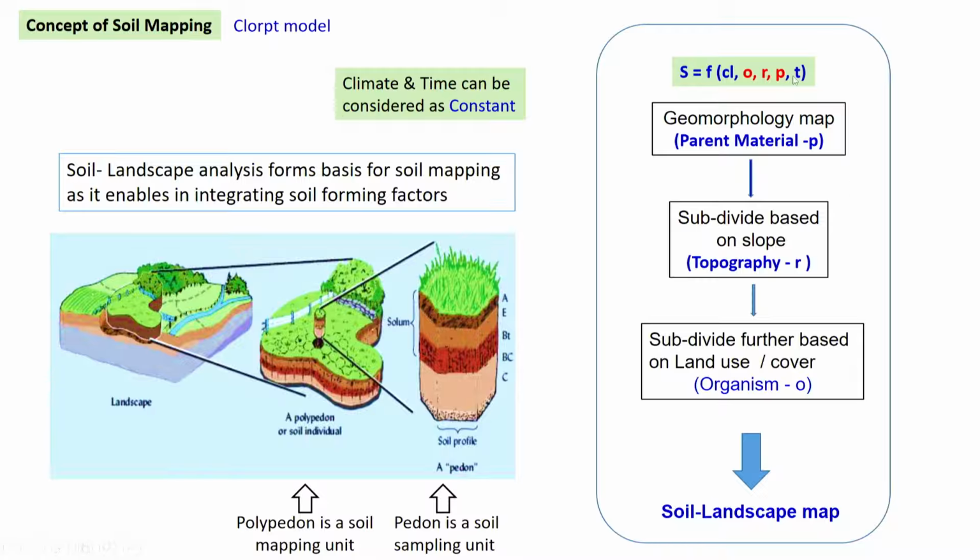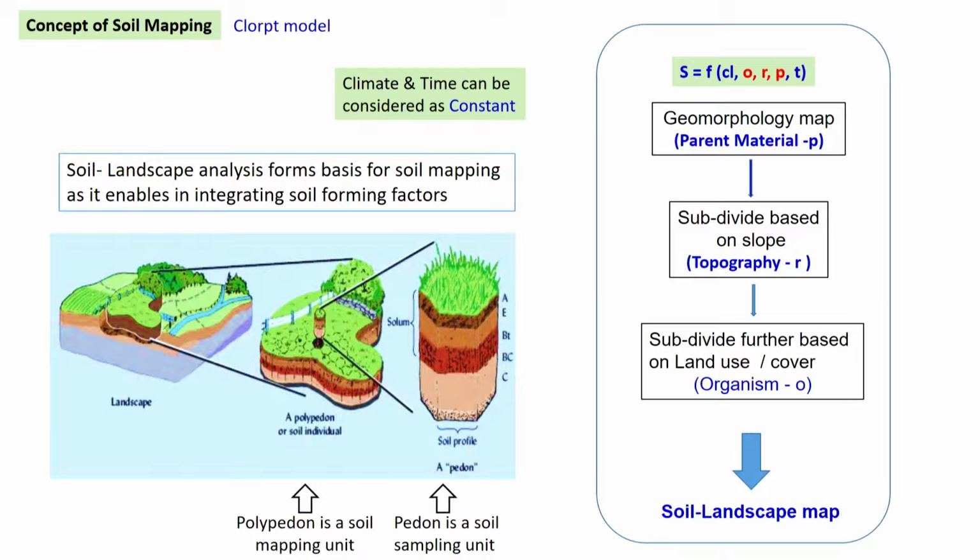And here we apply this function of soil forming factors. What we do, we go for the visual interpretation of satellite data, and first we interpret the geomorphology map to prepare the parent material map. So the first factor which is governing the variability of the soil is your parent material. So first you prepare the geomorphology map, or you get the geomorphology map from any other source.